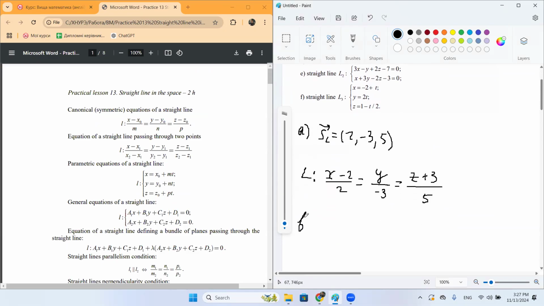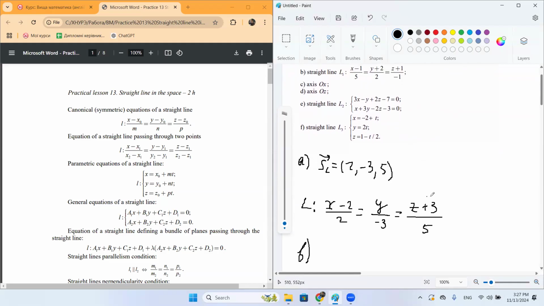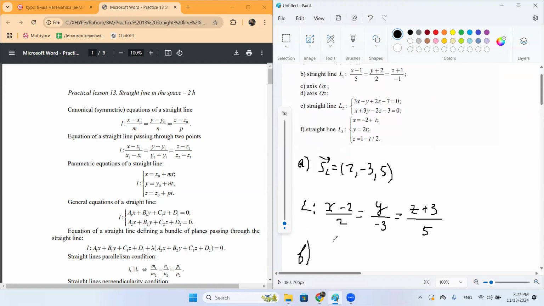Then the next point, so we need to write an equation of line parallel to straight line L1 with such equation. So what do we need to use here? So Maxim, yeah? We need to substitute from the straight line the direction vector, and it will be equal to the direction vector for the line that we are searching for.